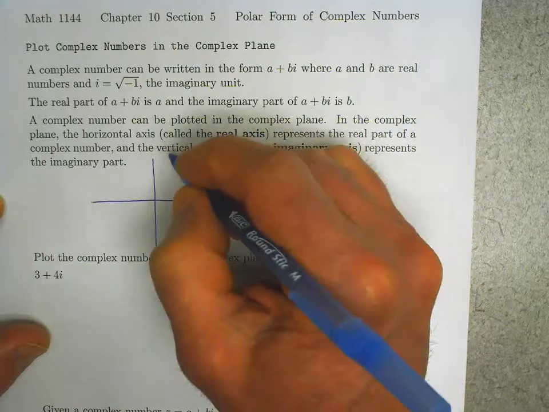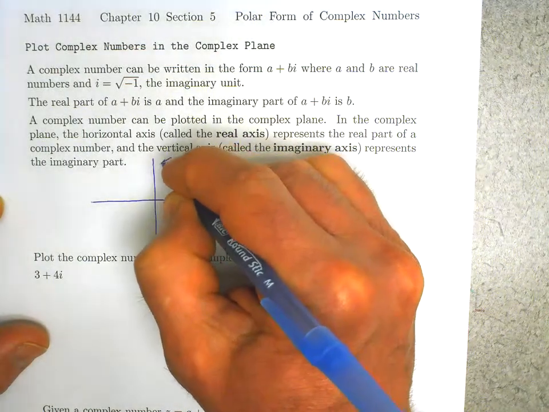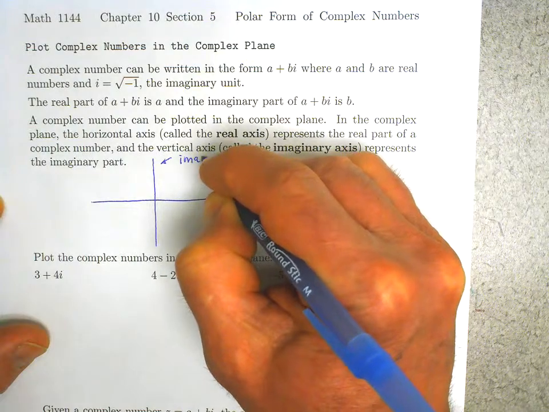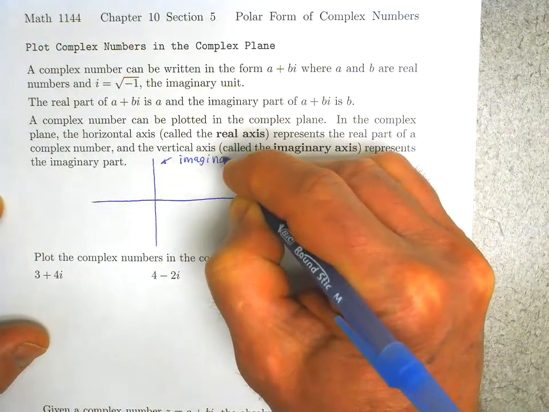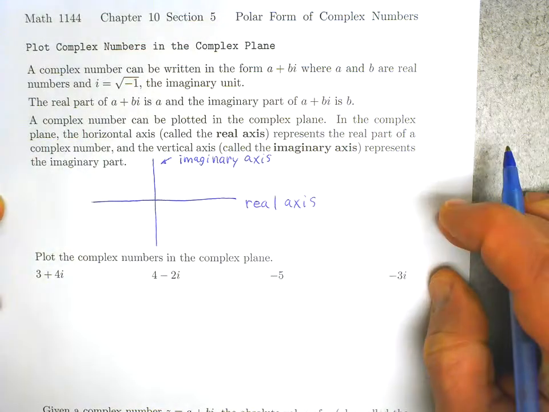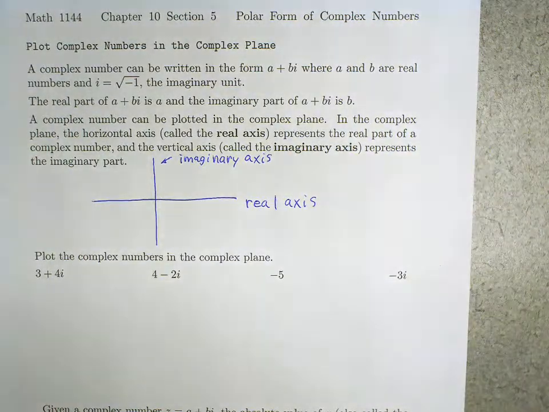And the vertical axis is the imaginary axis. As you can see, it's not really imaginary. Imaginary is just a word that was picked by some mathematician to represent numbers that involve square roots of negative real numbers.